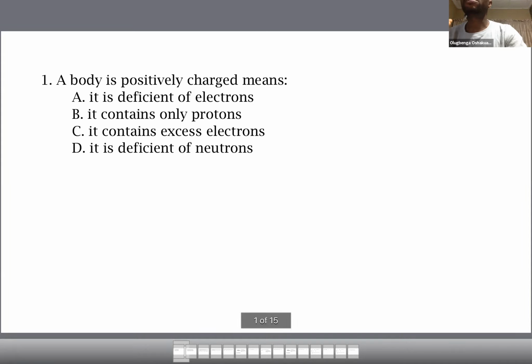So when a body is now deficient of electrons, it means it is having excess of protons. Hence, we can say the deficiency of electrons in a body implies that the body is positively charged. So for that, we go with option A.